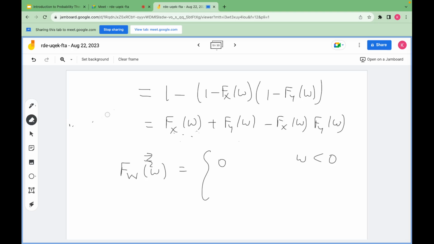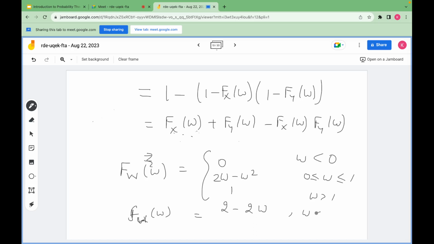So this will be 2w minus w square when w is varying from 0 to 1, and it will be 1 when w is greater than 1, okay. From here we can find the probability density function for w. This will be 2 minus 2w when w is between 0 and 1, and it is 0 otherwise.